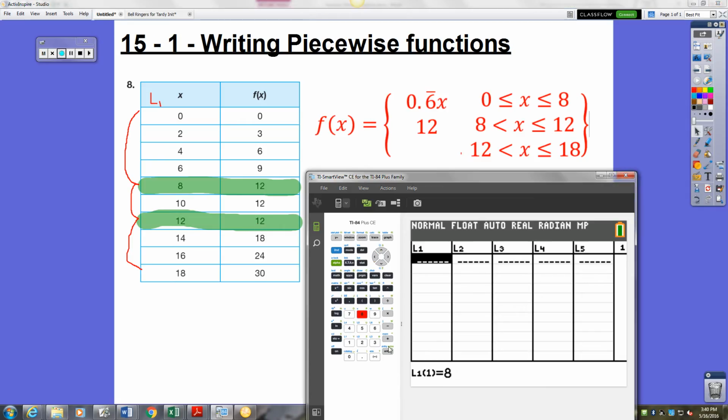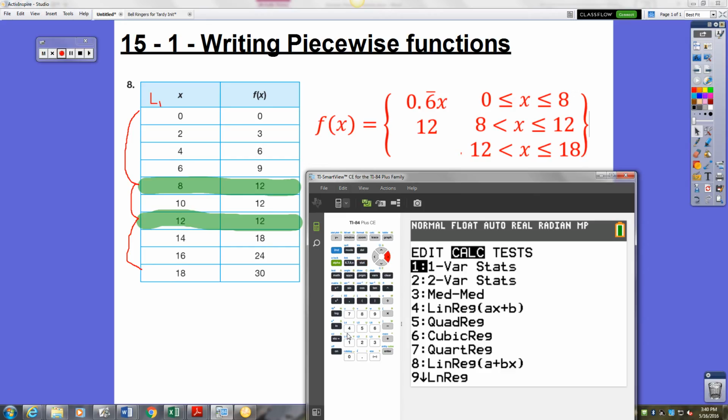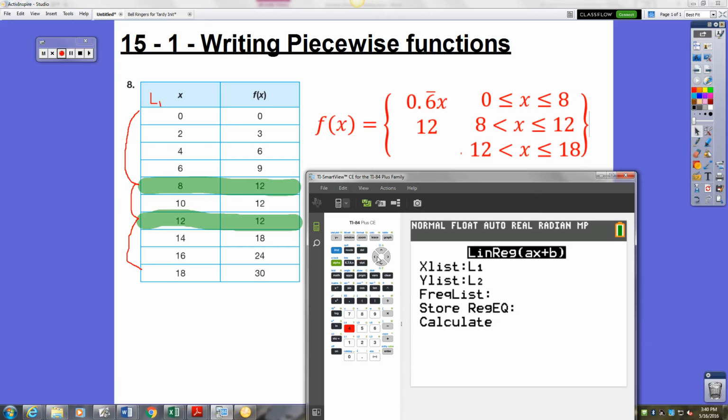You don't have to do this part on the calculator, but I will show you what happens if you decide to do it anyway. 8, 10, 12, 12, 12, 12. So stat, calc, linear regression, and calculate. It gives an A of 0.